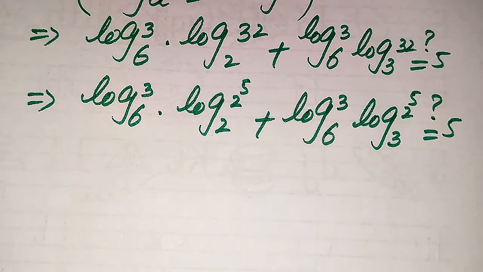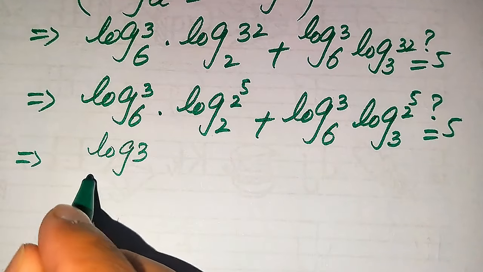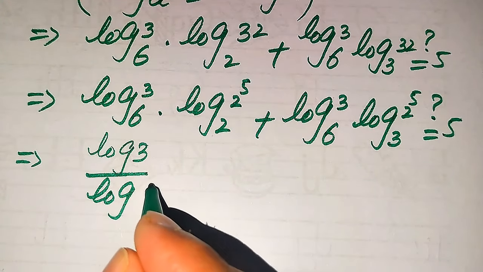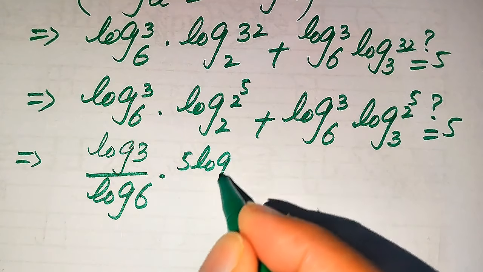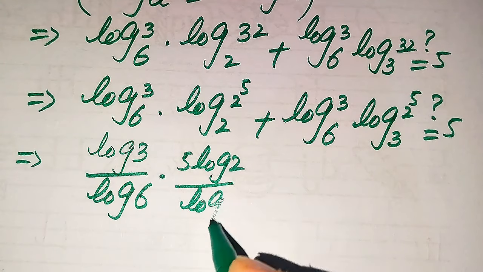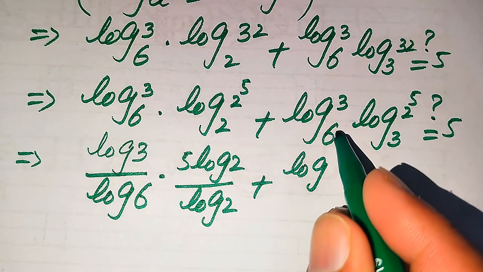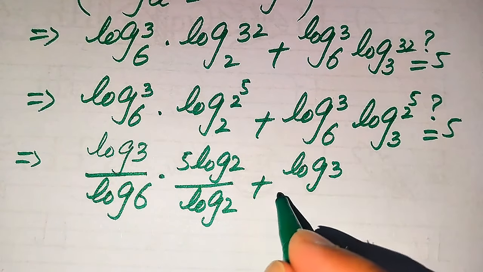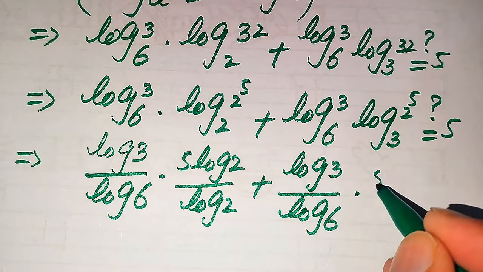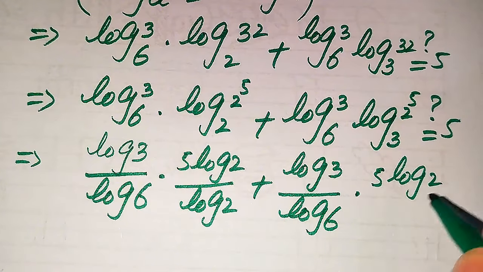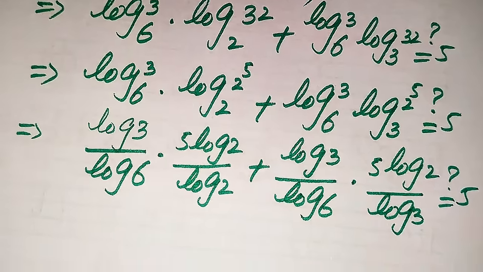Here we use the change of base formula, and we write these two terms in this form. This becomes log of 3 divided by log of 6 multiplied by, here we move this 5 to the front of this log, 5 times log 2 divided by log of 2, and plus log of 3 divided by log of 6, and again we move this 5 to the front of this log, and it becomes 5 times log 2 divided by log of 3, and we check whether this is equal to 5 or not.